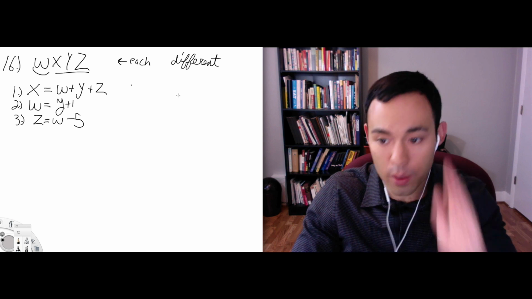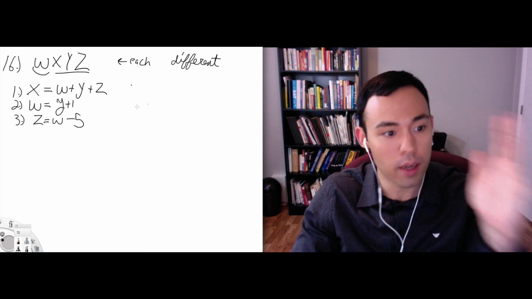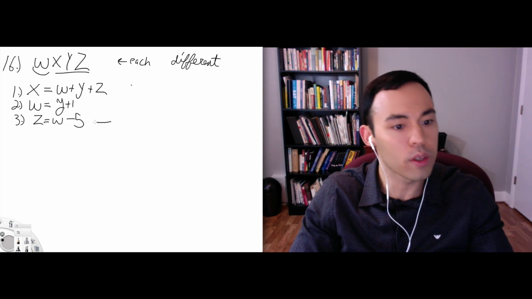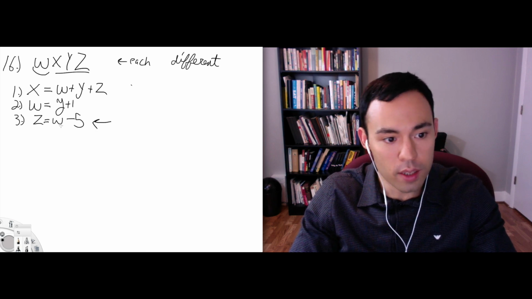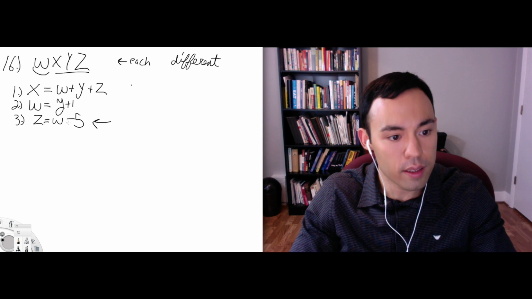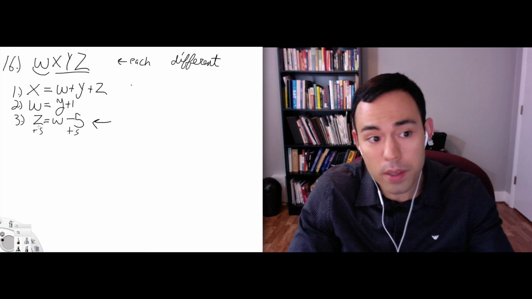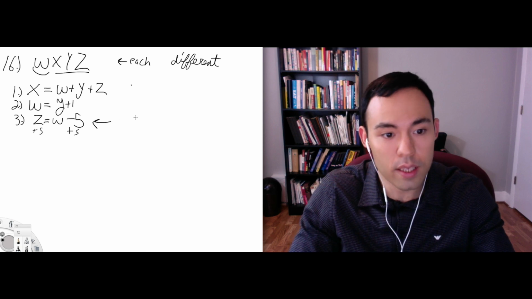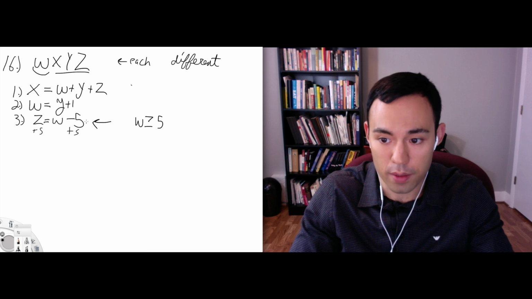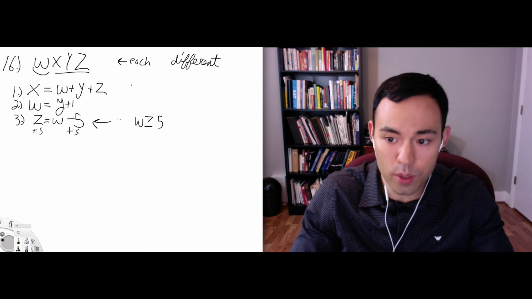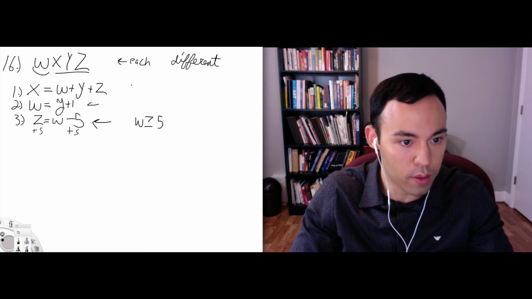All right, so now that we have those observations in mind, let's just look at the rules here. Let's look at rule number 3. W can't be 0, so it has to be something more than that. If we add 5 to both sides, we don't know what Z is. Maybe Z is 0, but this tells us that W has to at least be greater than or equal to 5. Okay, so now that we have that, let's look at this other rule.